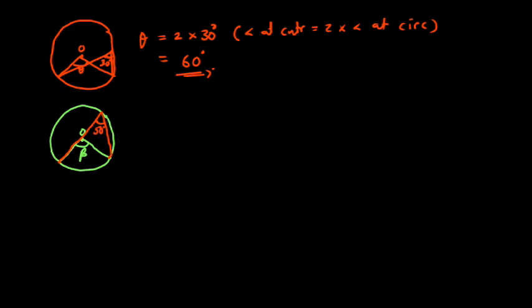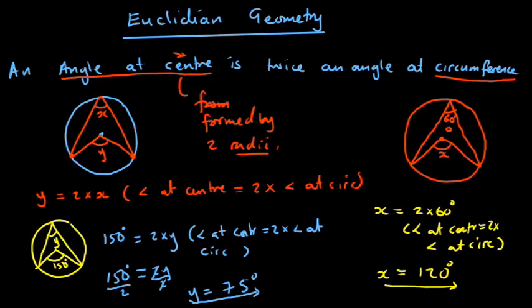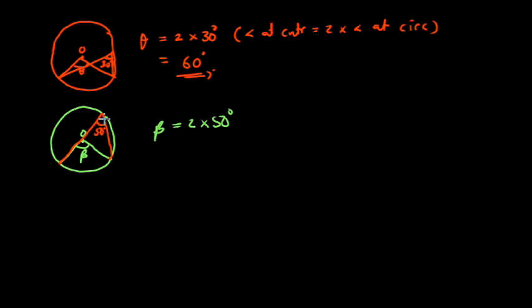We can easily calculate our beta. We say our beta is still equal to 2 times 50 degrees. So this is still the theorem that we're talking about here. It's still that same theorem, but instead of this line going there, it came right here on top of this line, right?